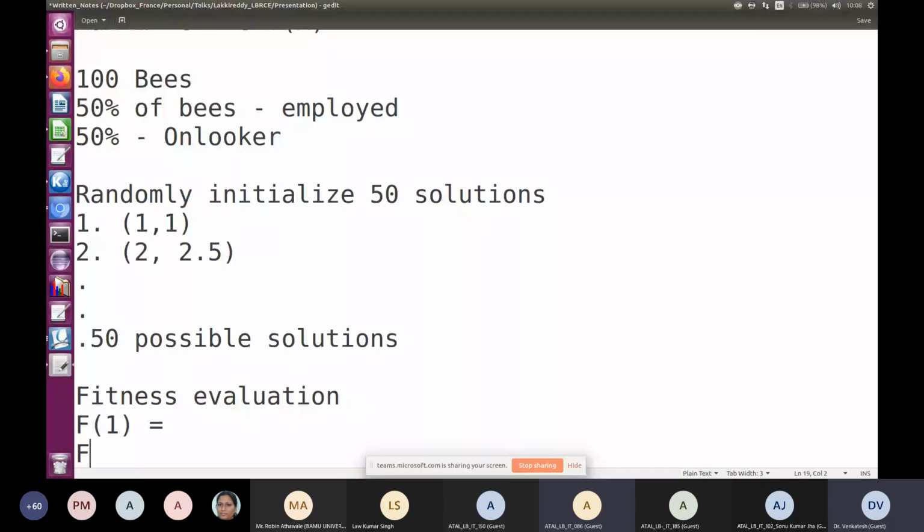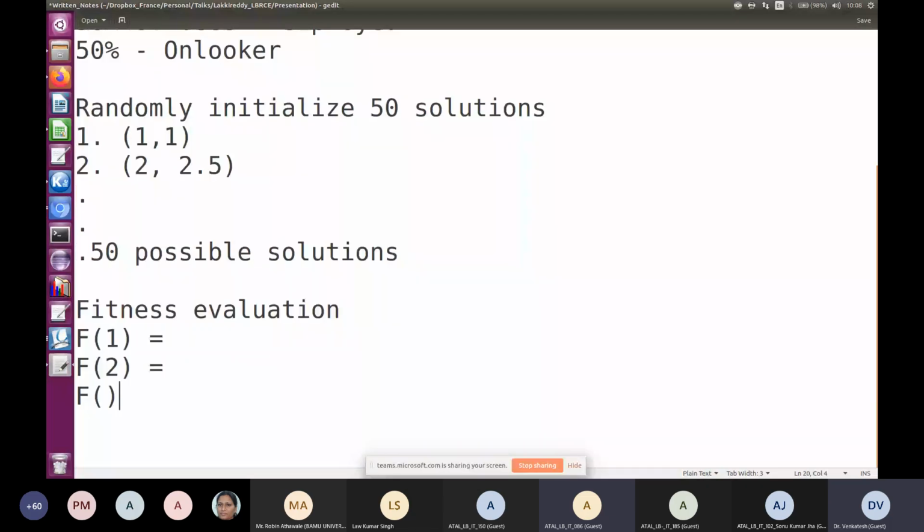For every employed bee, this fitness will be evaluated, f(1) to f(50). Once these 50 evaluations are done, they will have some values. We already know our ultimate aim is to maximize this f(x), right? There might be one solution or two solutions having the maximum value, even more also.